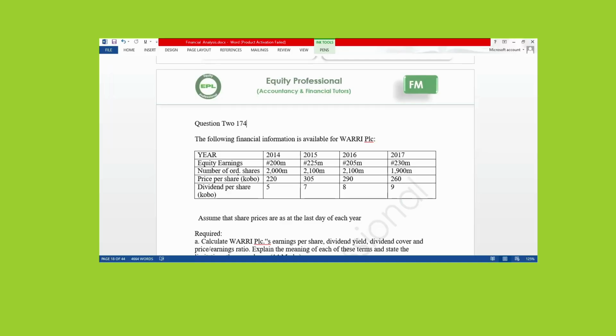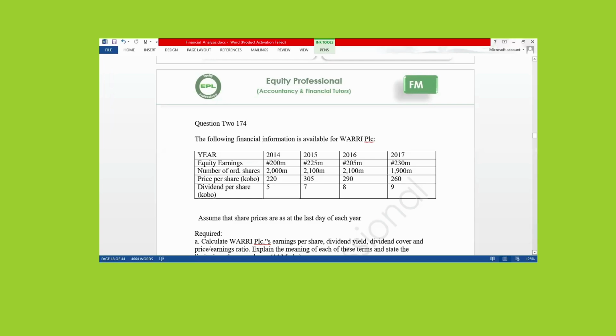You are given equity earnings, which is your profit after tax, the earnings belonging to equity shareholders. You have equity earnings, number of ordinary shares, price per share in kobo, dividend per share in kobo. Assume that share prices are at the last day of each year.